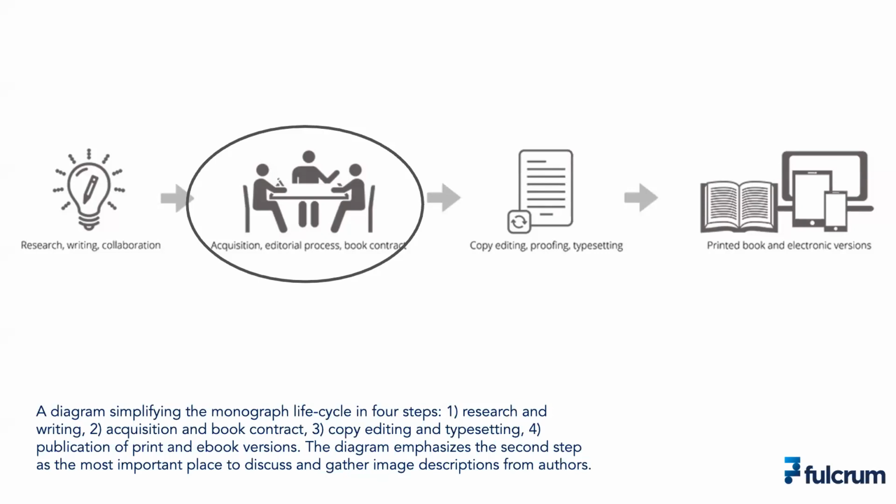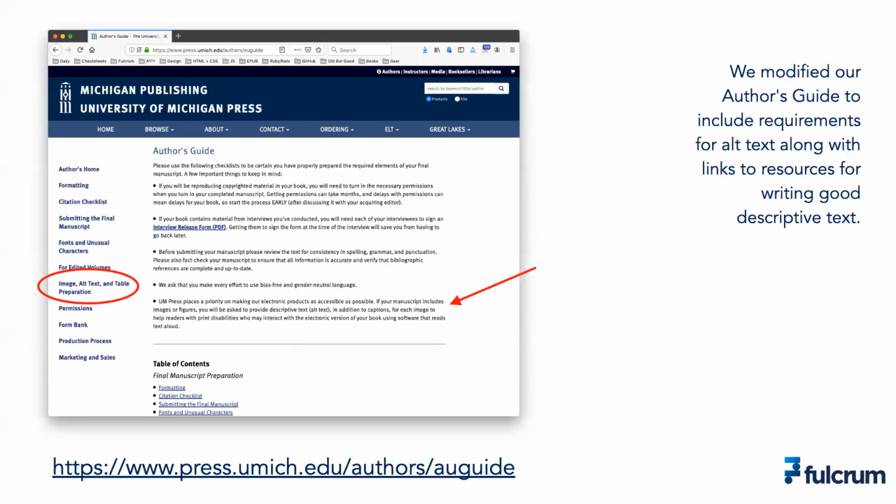So to support these kinds of changes, we modified the guidelines that we developed for our authors. This is also important to consider: what you share with your authors needs to include these kinds of changes, right? So we now included explicit discussion that we will require alt text from an author, and give them resources and examples and help them along the way.